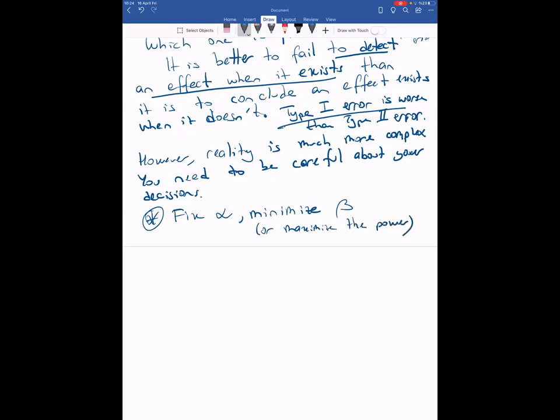This is the regular case that we can do. Type 1 error is fixed, so we cannot do anything there. But type 2 error depends on the sample size and the variability in the data.